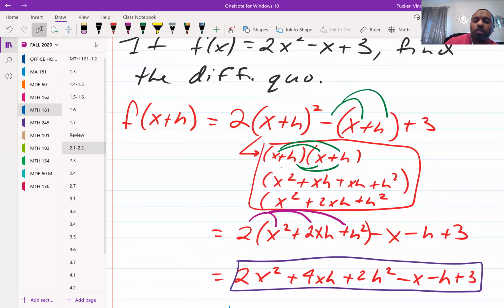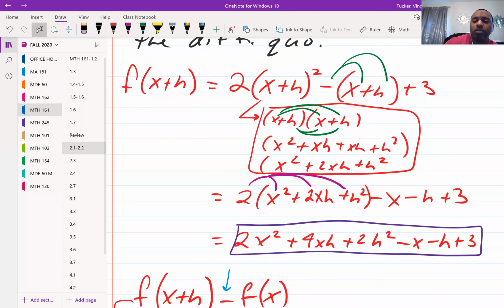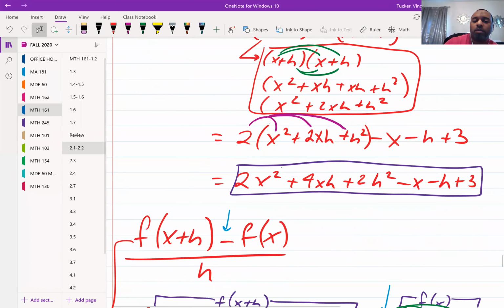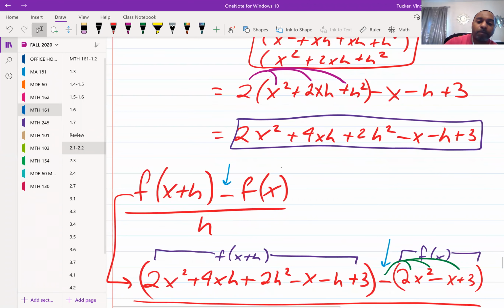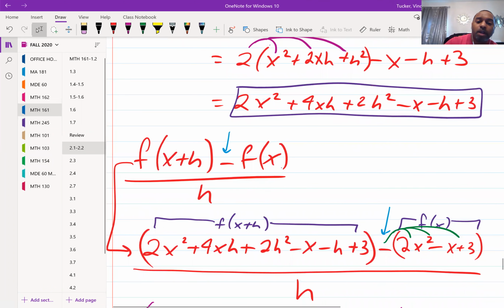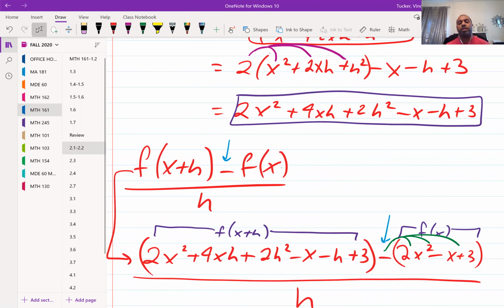All right. Questions? Any questions? So we plugged in x plus h into our function, expanded it out. And now that we have f of x plus h, we can plug it into the formula.